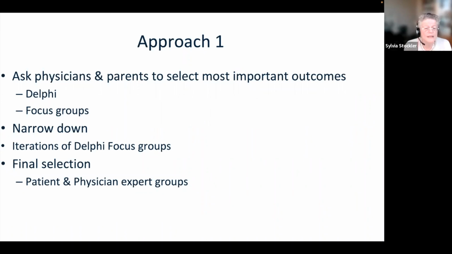And as said, narrowing down is an important step. In iterations of Delphi, focus groups might be necessary, so we might have to do more than one focus group. And finally, the final selection will be done with patient and physician expert groups. Next one.